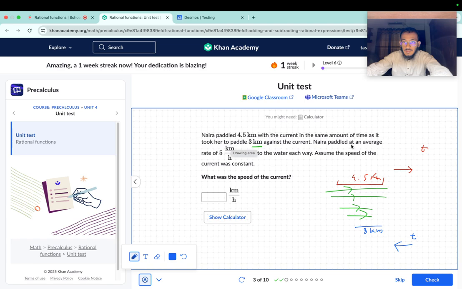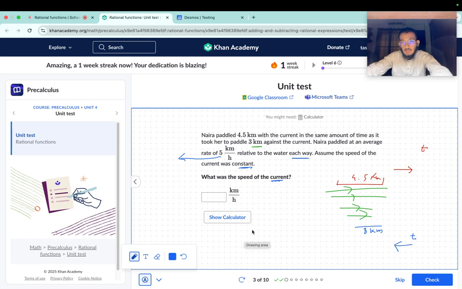Naira paddled at an average rate. Now we can see the speed. Okay, 5 kilometers per hour relative to the water each way. Assume the speed of the current was constant. What is the speed of the current?